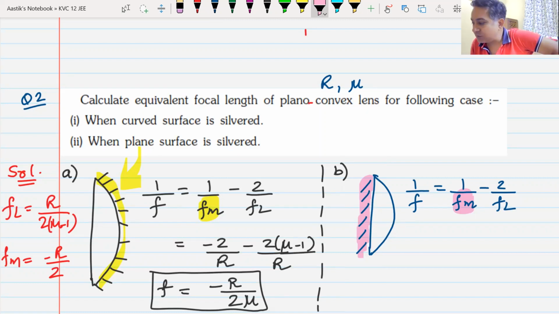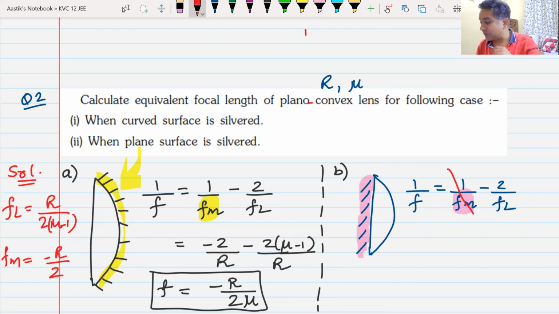It is infinity, yes or no? Because this is a plane mirror. So this term actually will get cancelled here. I hope we are able to understand this. Yes, sir. Everyone understands this.